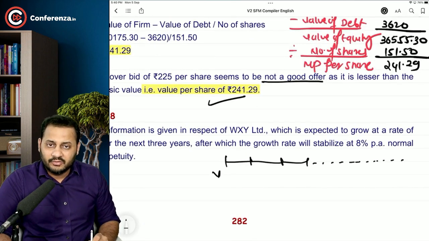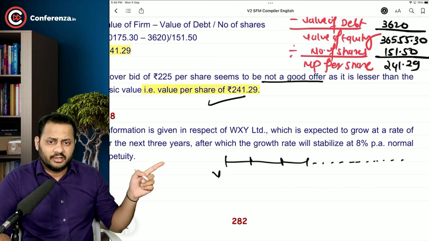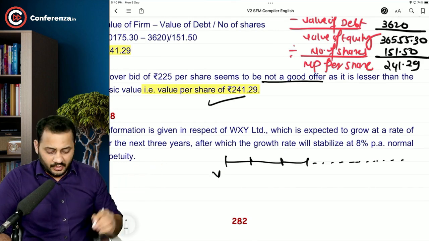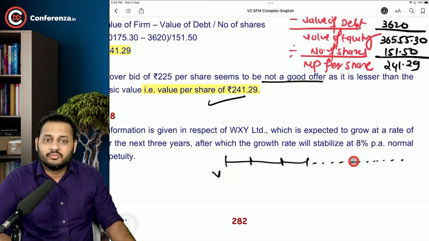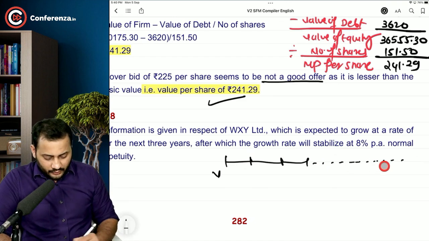No matter if it is value of the firm or equity: if this is value of the firm, you will need free cash flow of the firm at all the points and KO. If this is value of equity, you will need FCFE and KE. That's it. So how to calculate that?